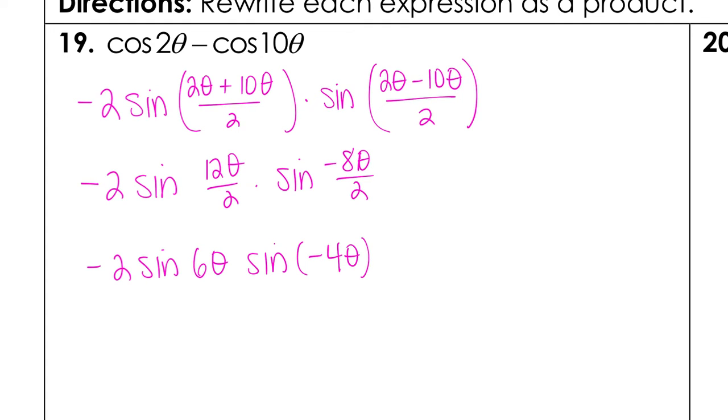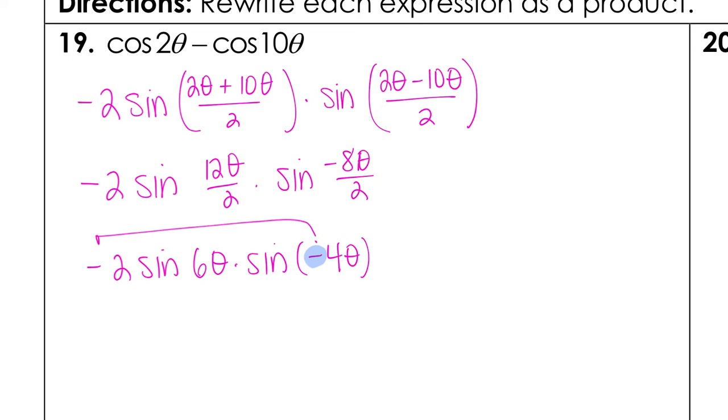This is the same issue from before. Anytime you have a negative sign, you want to use your even odd identities. And with sine, that negative is going to go in front of the term. Only remember we're multiplying, so instead of moving it in the middle, we can move it all the way out front.